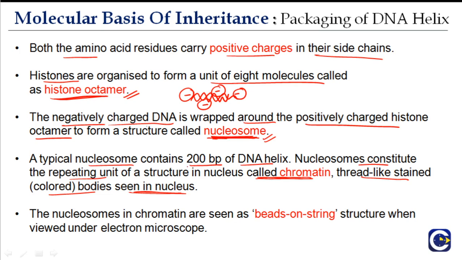For example, let's say this is a long DNA helix with millions of base pairs, and here, for example, is the 200 base pairs. So nucleosomes constitute the repeating unit of a structure in the nucleus called chromatin. This structure will form the chromatin, which is thread-like stained bodies seen in the nucleus.